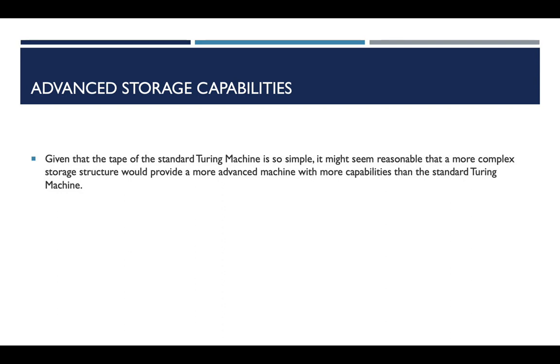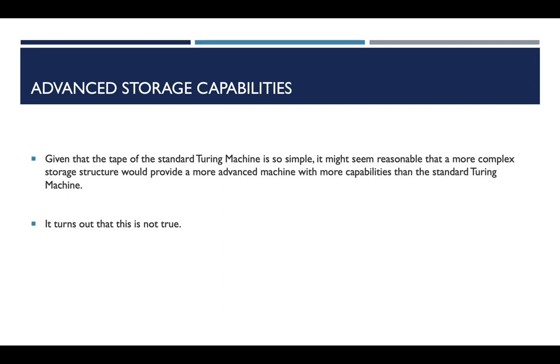You have to ask yourself, if I was able to represent the internal storage of my machine with something more verbose, something more complicated, would I arrive at a Turing machine that is capable of solving problems that are not solvable as long as I'm using this rudimentary concept of internal storage? It turns out that it does not matter how complex your Turing machine internal storage becomes.